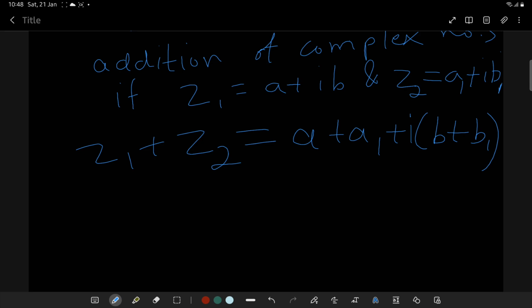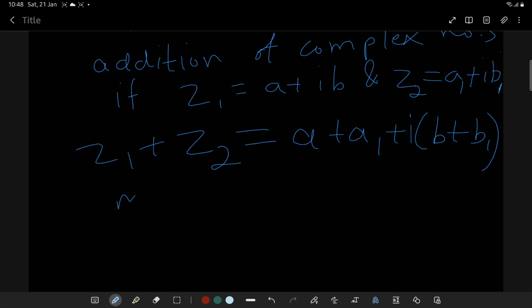That is, we add the respective real and imaginary parts. In complex numbers, we call this a the real part of z1 and b the imaginary part of z1.